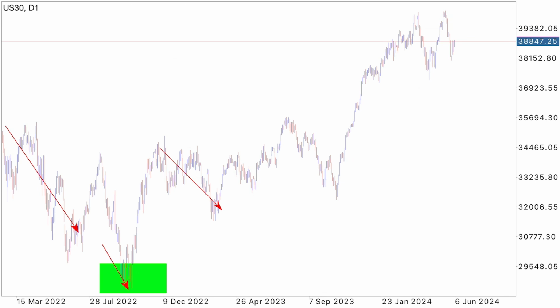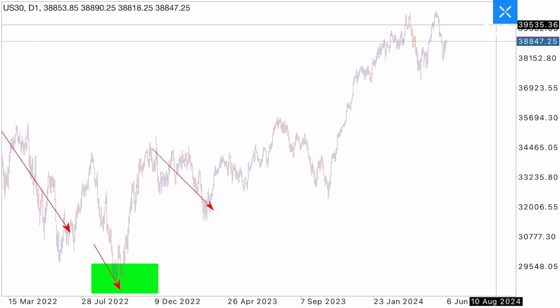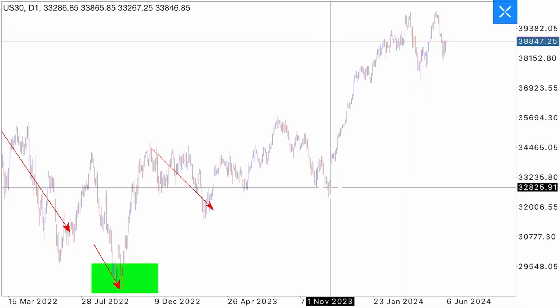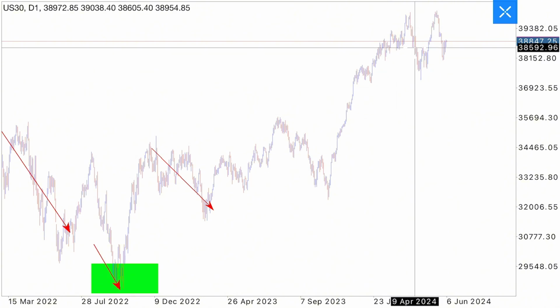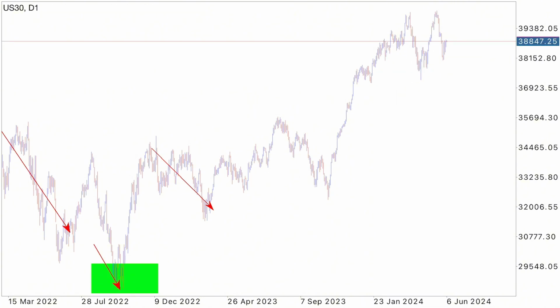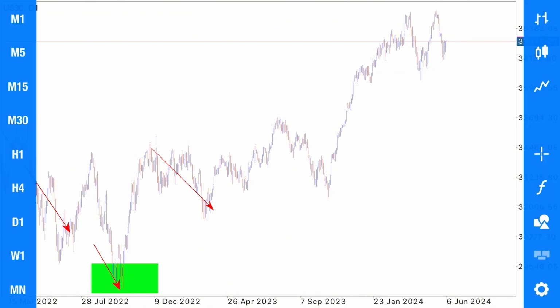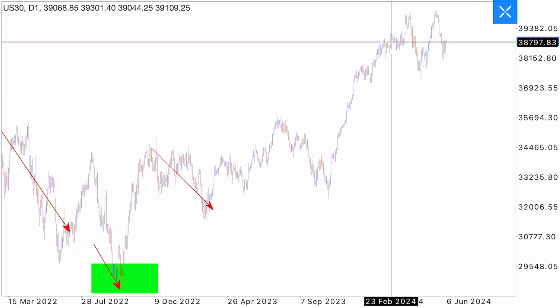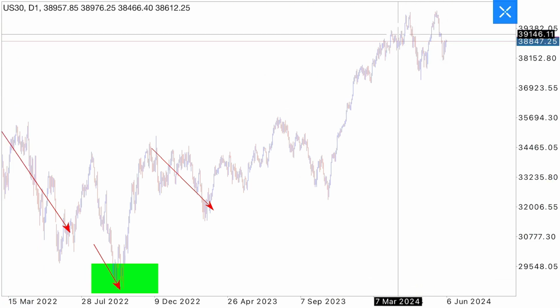So from that test which took place at this point here, the market moved with impulse moves to the upside, and currently we have a bit of a consolidation at this structure here.